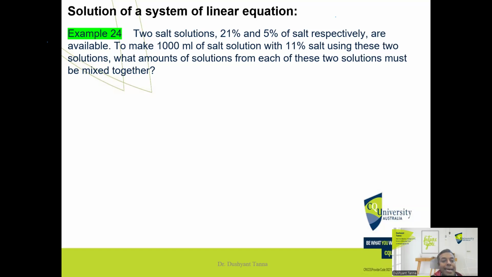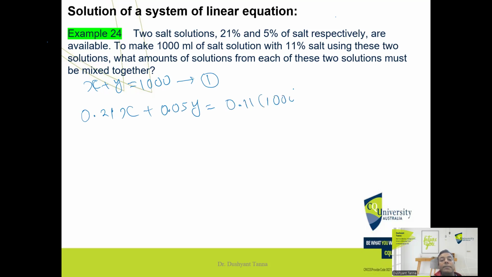So what we know, x plus y, when they are added, you wanted to make 1000 ml, isn't it? But how much is the salt contained in x? It is 21% or 0.21 or 21 over 100. 0.05 for the y, and you want 0.11 of 1000.